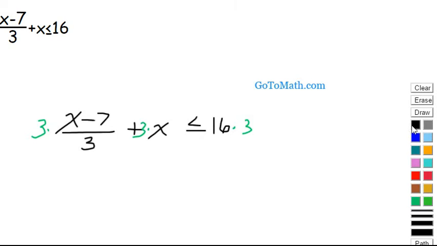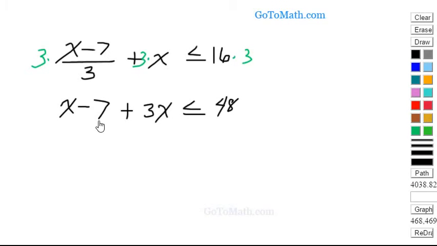So this can be rewritten now as x minus 7 plus 3x is less than or equal to 48.